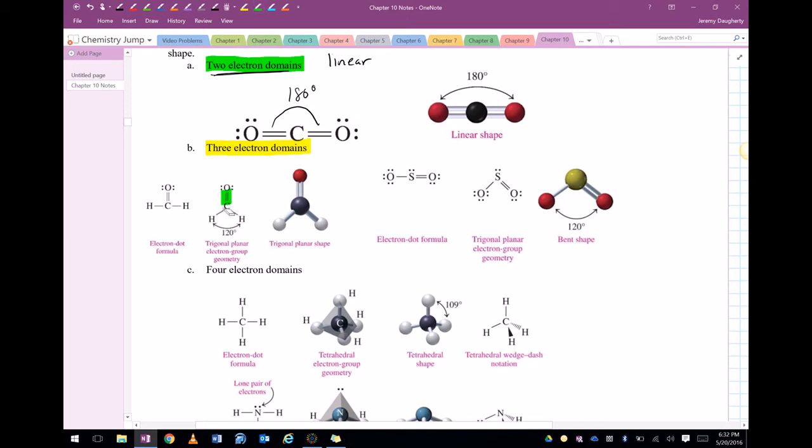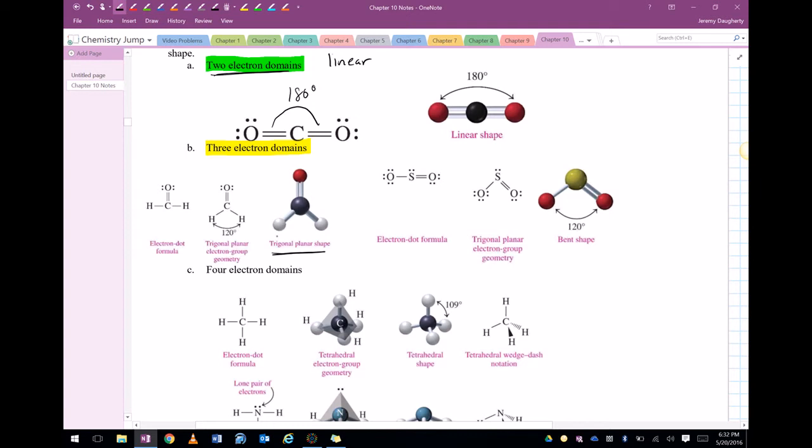So that's 3 electron domains. Now, this is going to be 120 degrees away because that's as far as it can get without getting closer. So all those atoms are 120 degrees away from each other. And when it's just atoms, then we call the shape trigonal planar.